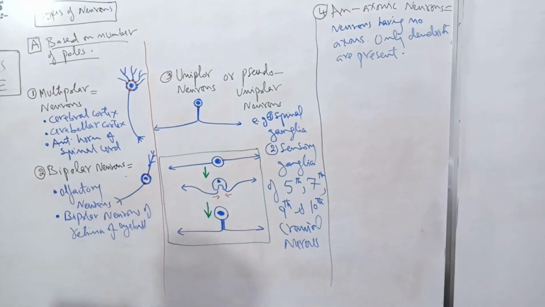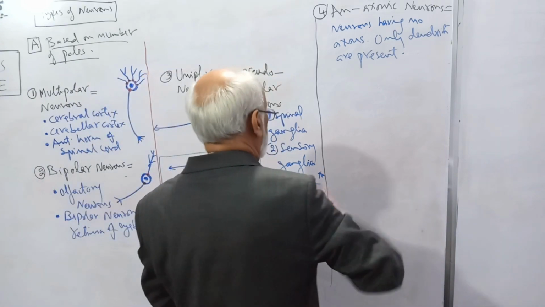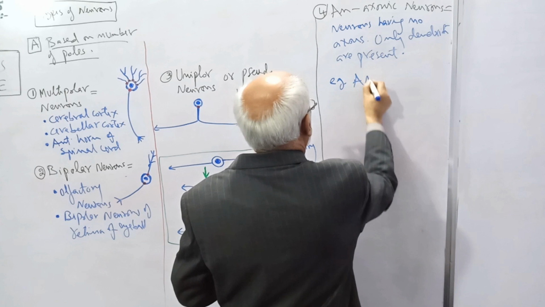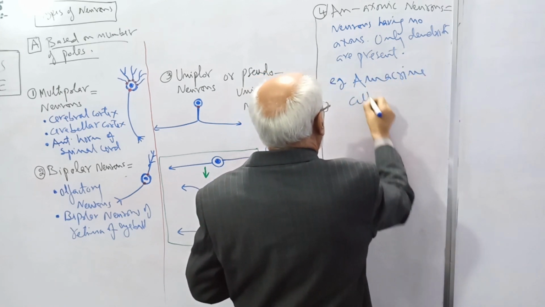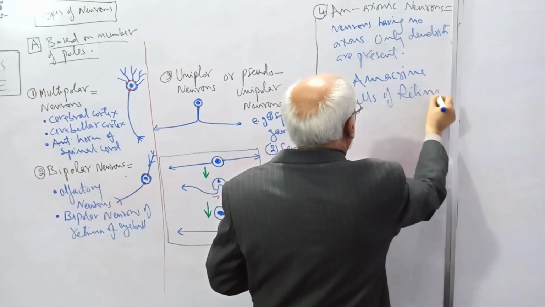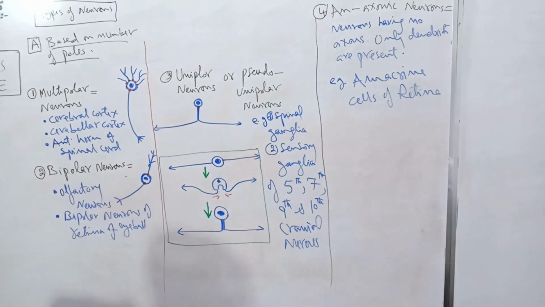Axon is absent, but dendrites are present. Such neurons are known as anaxonic neurons. An example is the amacrine cells of the retina.